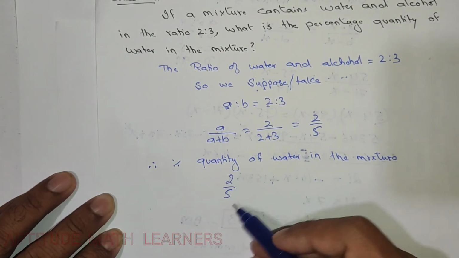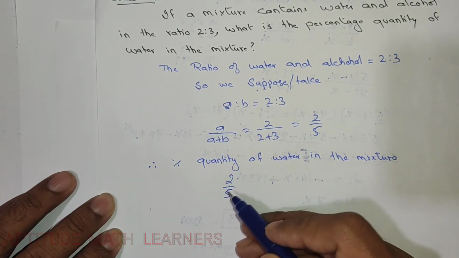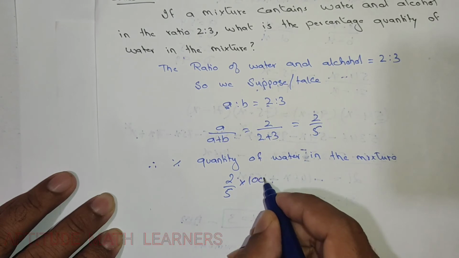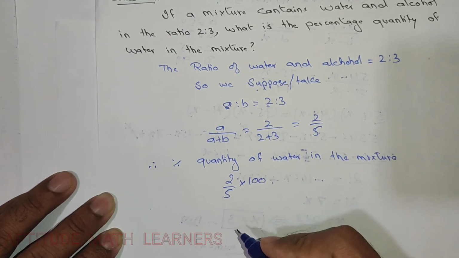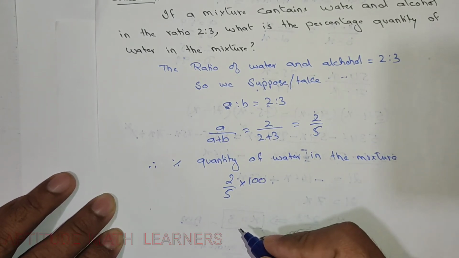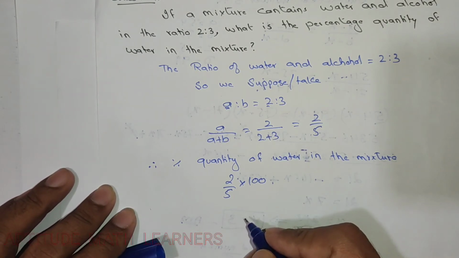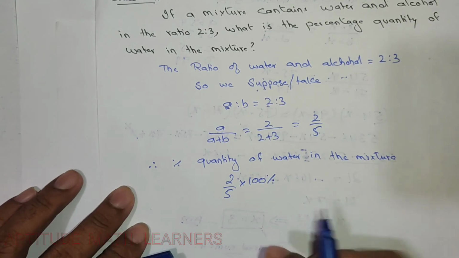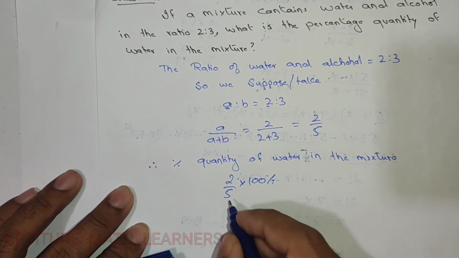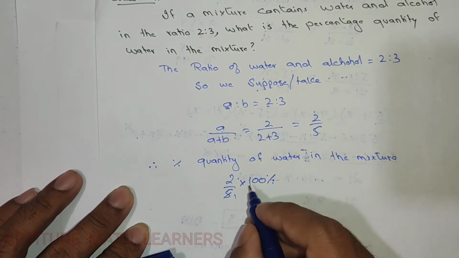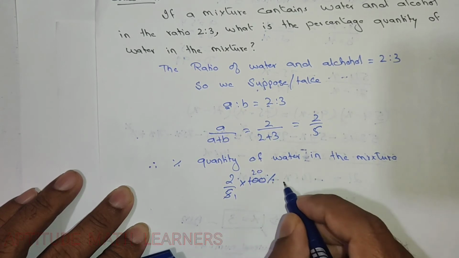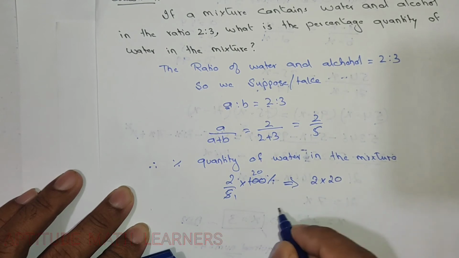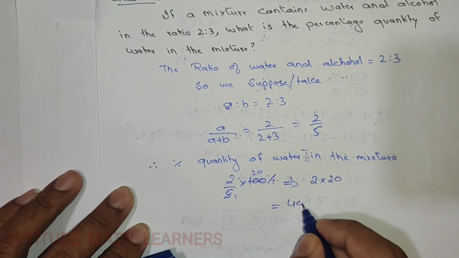This is the quantity of water in the whole mixture. Multiply it by 100 to find out the percentage of the water. So we take it 100%, that is percentage, and 5 ones are 5, 20 twos, so that becomes 2 multiplied by 20, which is equal to 40%.